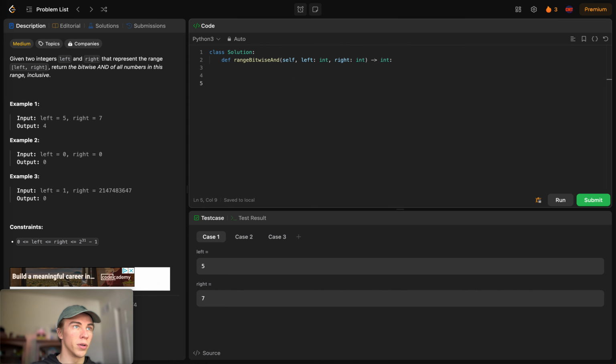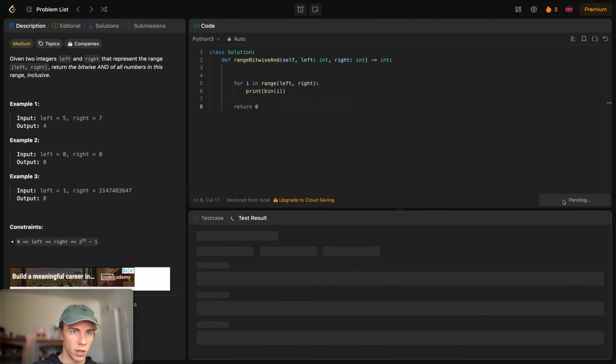Let's look at the bitwise specification of a number. I want to do for i in range(left, right). I want to print, and let's see what this is going to be. I can print this in binary: bin of i. Let's see what this is.